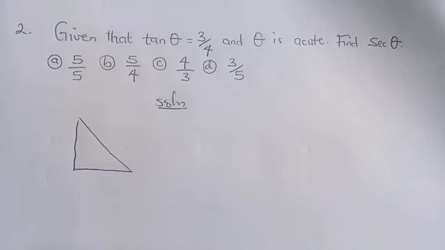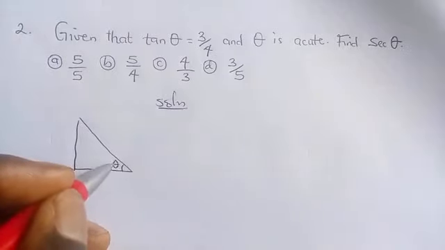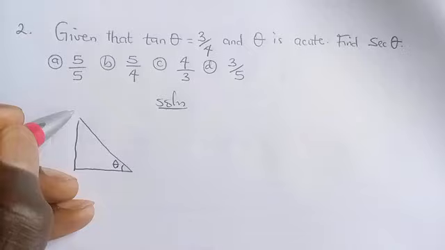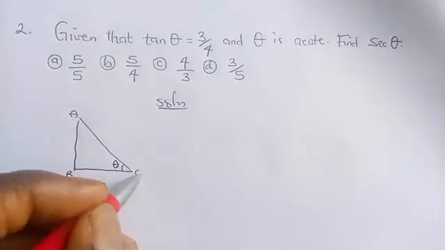Theta is acute, and an acute angle is an angle that is less than 90 degrees. So let this be angle theta, and let this right angle triangle be labeled ABC, triangle ABC.